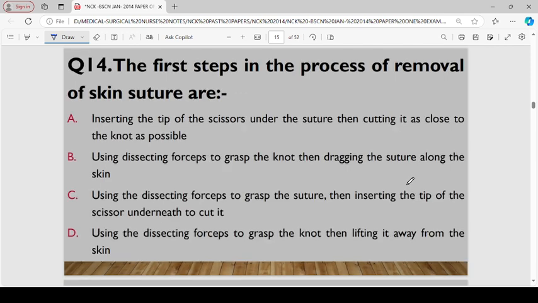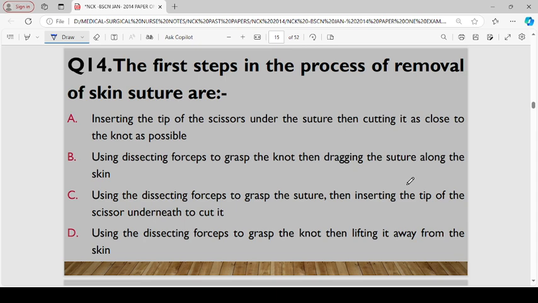The first step in the process of removal of skin sutures. All right, removal of skin sutures. Of course, we have to ensure that we don't injure the skin, right? So the best option here is the one that does not injure the skin and removes the sutures.